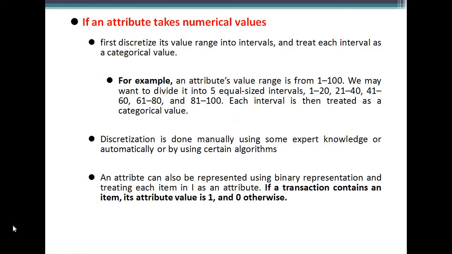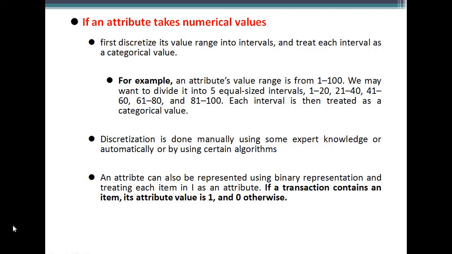Now if I have numerical values, I would convert the values into categorical values. I would divide the whole set of values into different groups, categories, and assign each value to the corresponding category. That is how I convert numerical values to transactions. So I have different transactions as different categories.